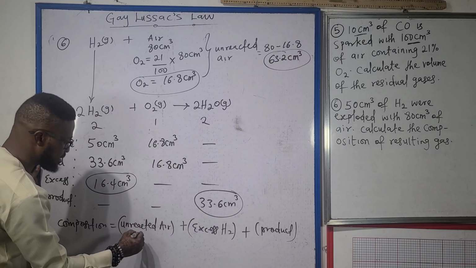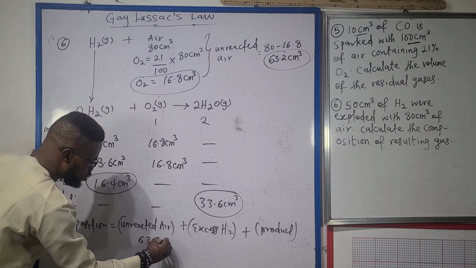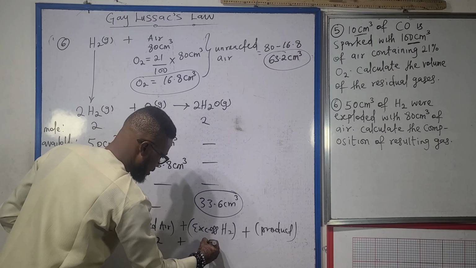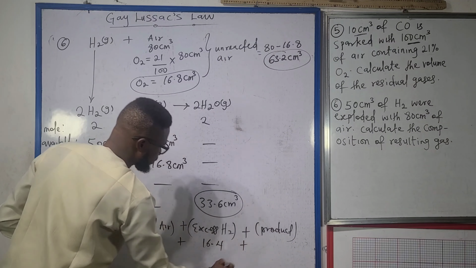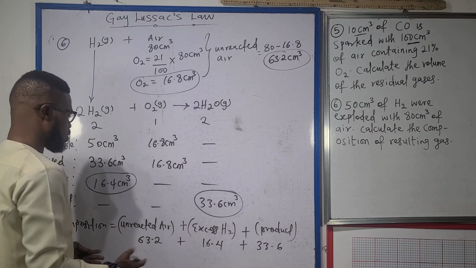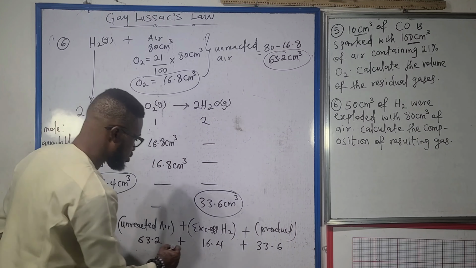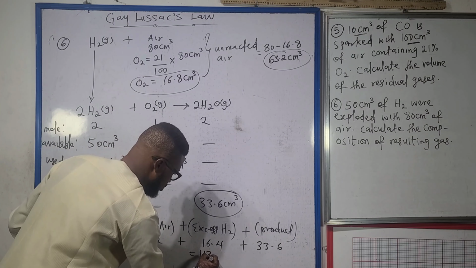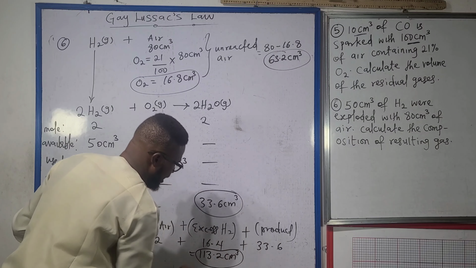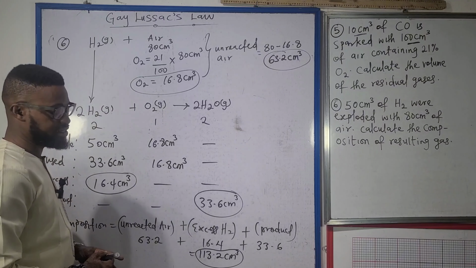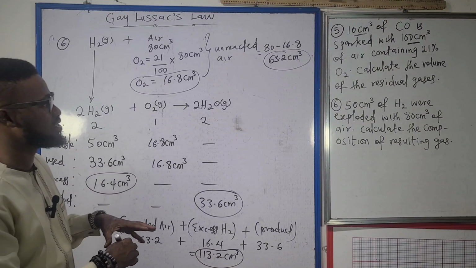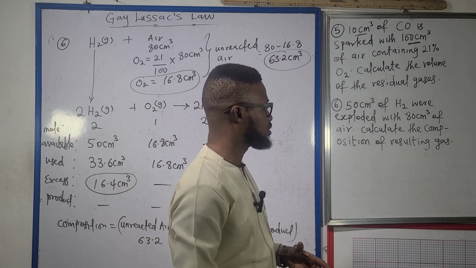So this is 63.2 plus 16.4 plus 33.6. When we take all this together, this is going to give us 113.2 cm cube. That is the composition of the resulting gas.